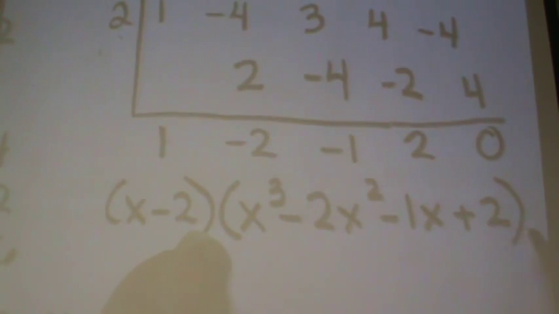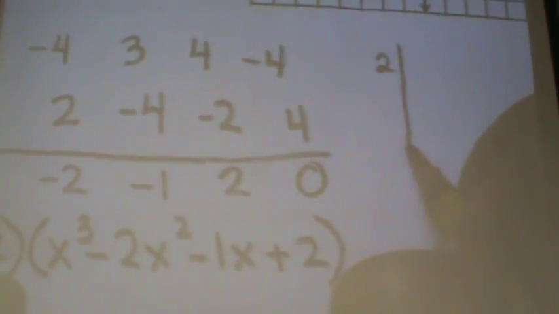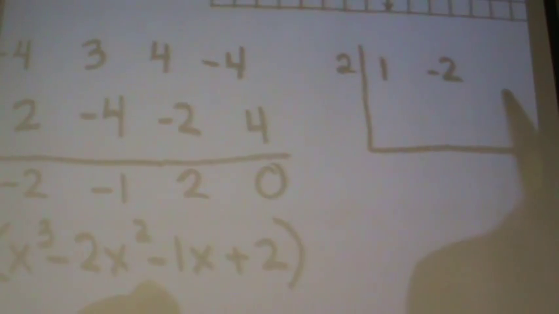Now I'm not going to use 4 because 4 is not a PQ value. So I'm going to try 2 again. 2 might work again. So I'm going to use 1, negative 2, negative 1, and 2.